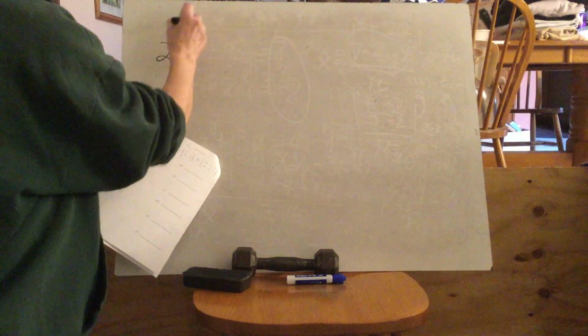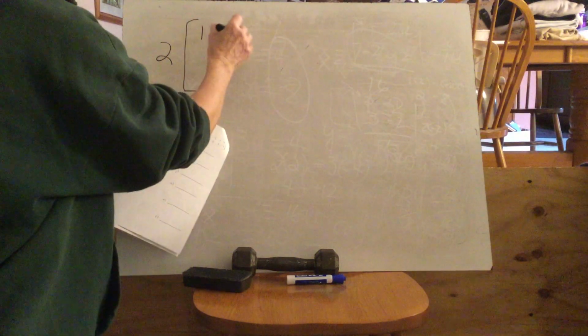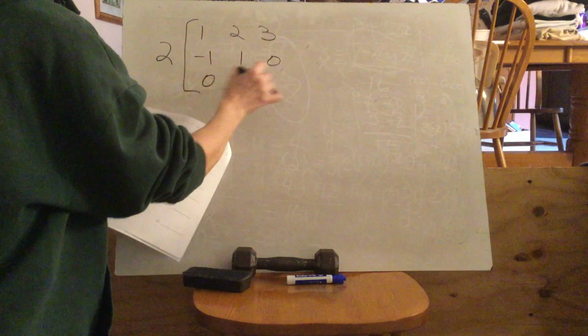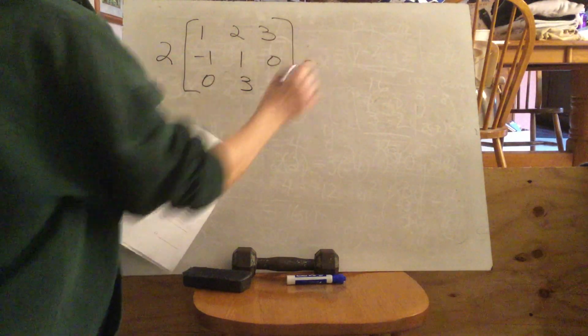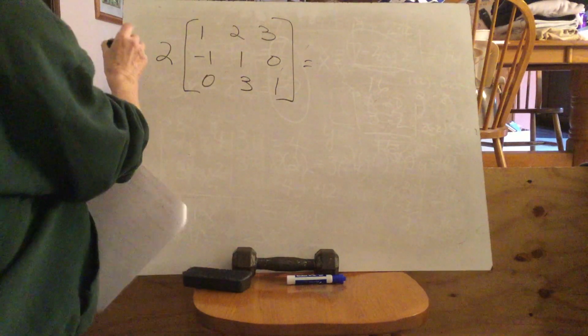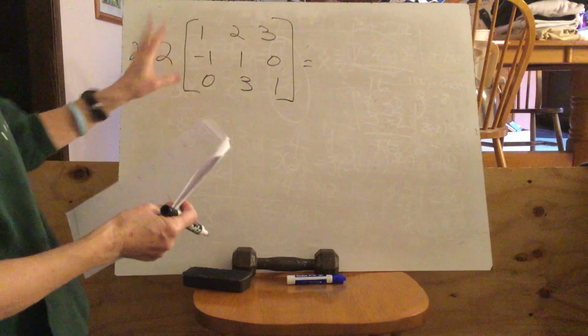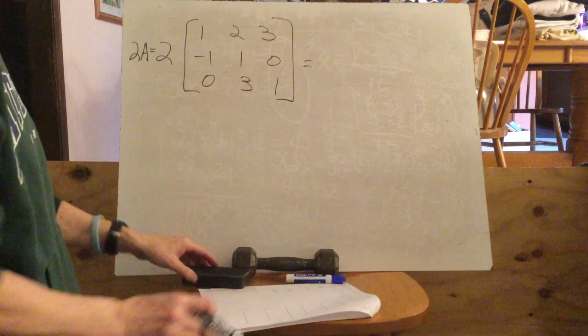So we're going to do 2 times A. And matrix A, I'll fill it in here. This is matrix A. So the first problem just says do 2 times A. So 2 times A is 2 times matrix A. Do you remember how to do that?